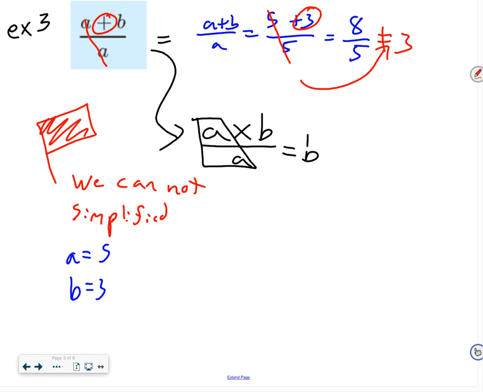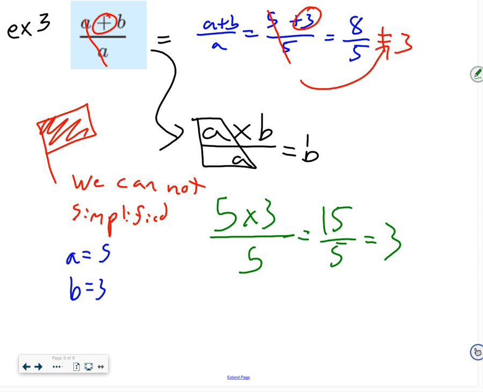But if it's multiplication, and we have 5 times 3 over 5, we know that this is 15 over 5, which simplifies to 3. We can also see that the 5 divided by 5 simplifies to 1, and 1 times 3 is 3. That works. So be careful.